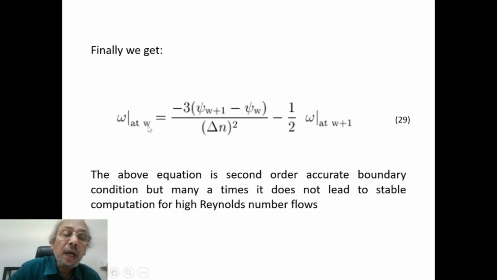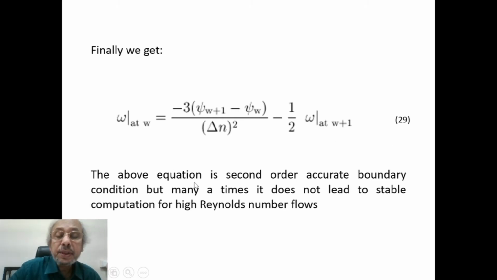So when calculating omega at the wall, we are involving psi at the wall and psi at the near wall point, the normal distance between them, and omega also at the near wall point. Near wall point means next to the wall, and this omega obviously we get from the previous level of calculations.